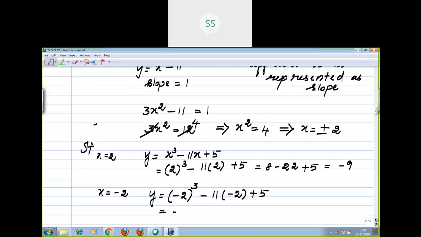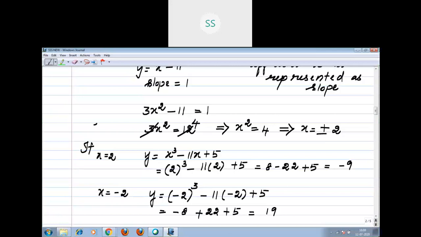Here you arrived at minus 8 plus 22 plus 5, which is equal to 27 minus 8, that means 19. So when you substitute x is equal to 2, y is minus 9. When you substitute x is equal to minus 2, you arrived at y is equal to 19, right?